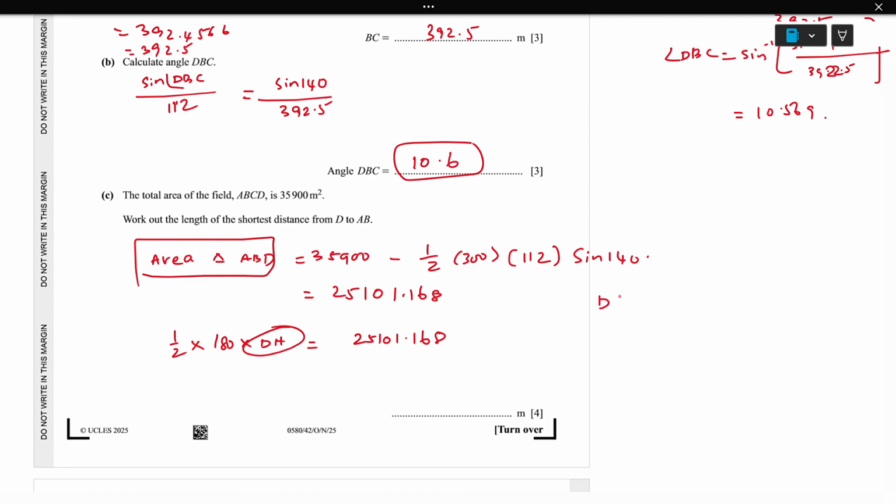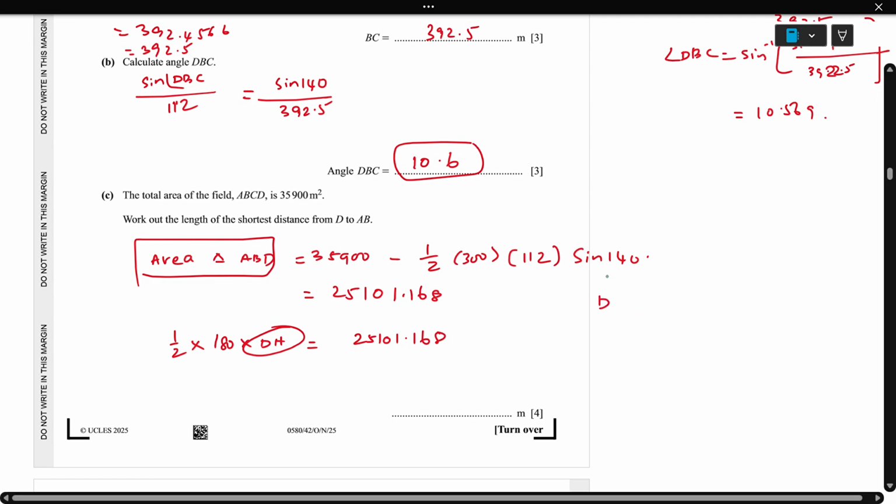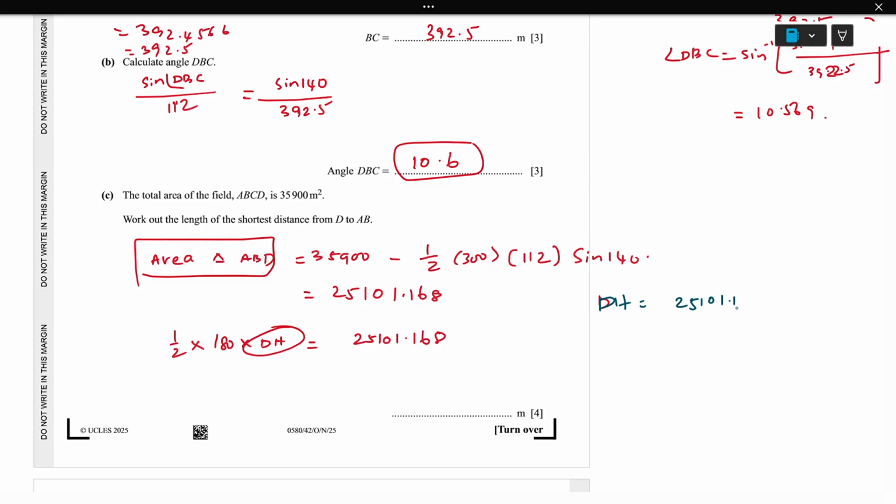So DH equal to 25101.168 times 2, the 2 goes to the right side, and 180 goes to the right side as a division. So the answer is 278.90, to 1 dp, 278.9 is the answer here.